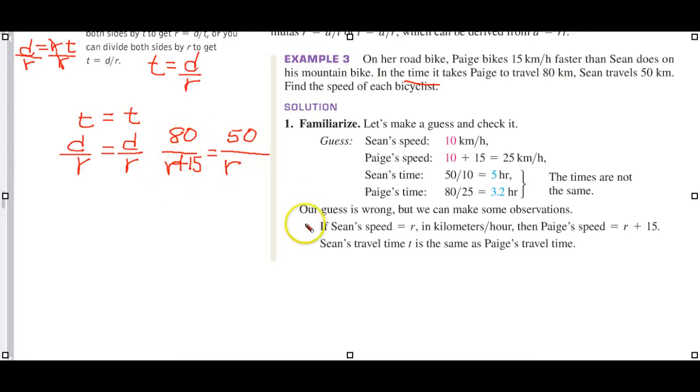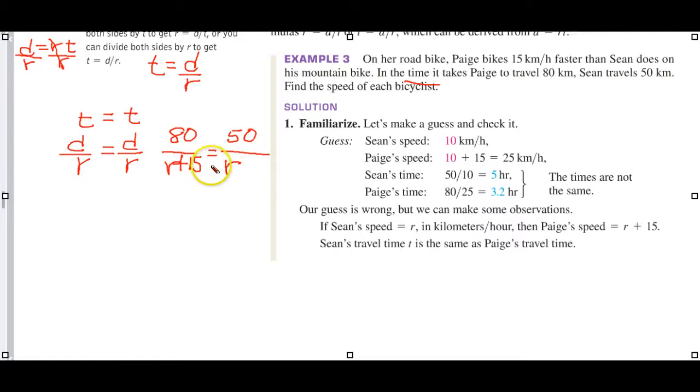And this is what they do. So a longer distance, a faster rate. A shorter distance, a slower rate. So what we have here is actually a proportion that we'll be looking at a little later in the chapter.